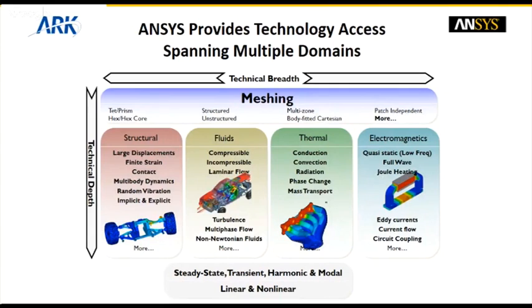In structural, you can do linear as well as non-linear analysis. In fluids, you can go with steady and unsteady flows as well as compressible and incompressible flow. In thermal, you have all thermal physics like conduction, convection, and radiation. These are the capabilities of ANSYS I am showing here.